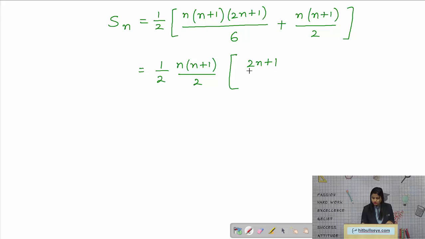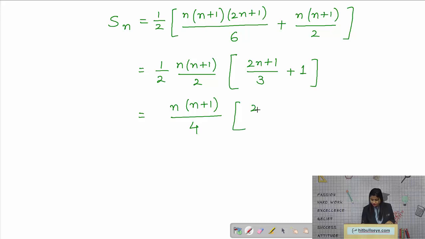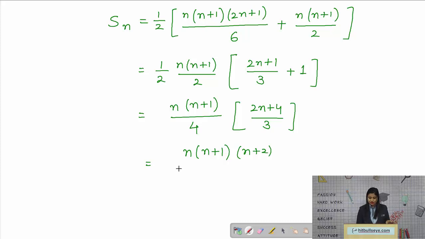We will be left with 2n plus 1 divided by 3 plus 1, which will become n into n plus 1 divided by 4 into 2n plus 4 divided by 3. If we solve it, the final expression will become n into n plus 1 into n plus 2, because 2 will be common here, divided by 6.